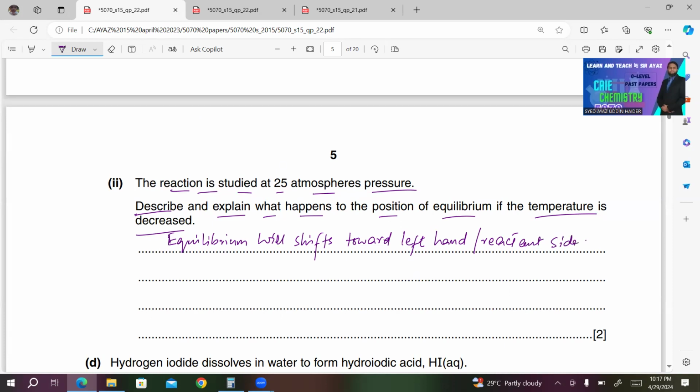Furthermore, you have to write that the forward reaction is endothermic, or the backward is exothermic.